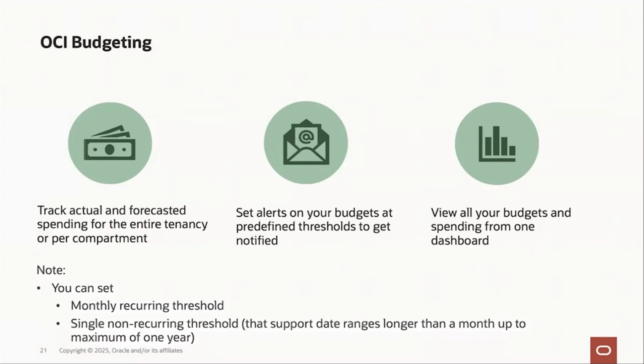So it's more of a soft budget. If you actually did want to enforce your budget, one way of doing it is with functions. And there's actually a pre-built function out there called the zero quota limiter, which would help enforce that budget. So just something to keep in mind when working with the budget service in OCI.